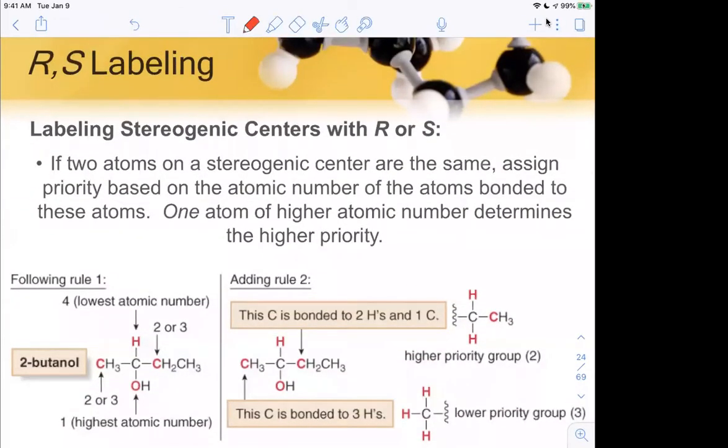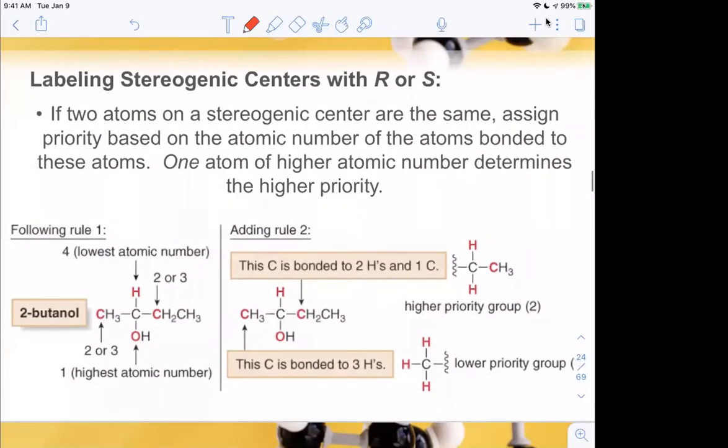So if two atoms on a stereogenic center are the same, I'm going to assign the priority based on the atomic number of the atoms that are bonded to those attached atoms. One atom of higher atomic number determines the higher priority. So if I look at this compound, here's my chiral center. I have a carbon attached to 3 hydrogens.